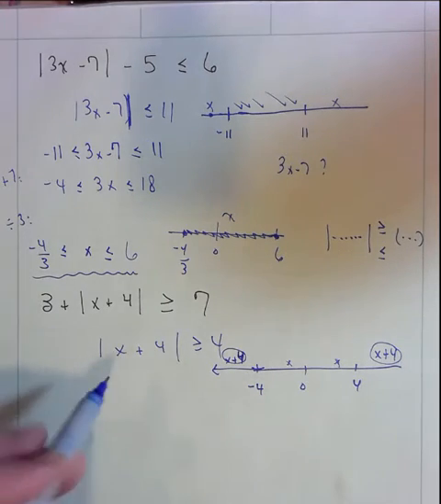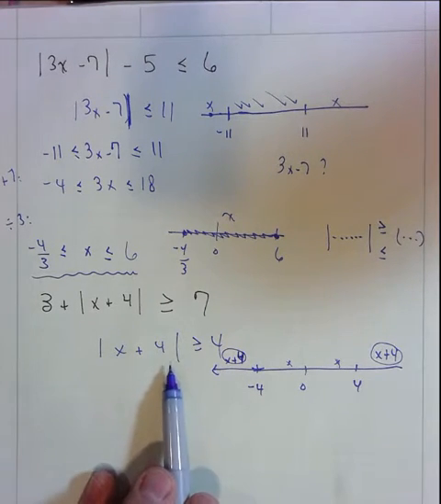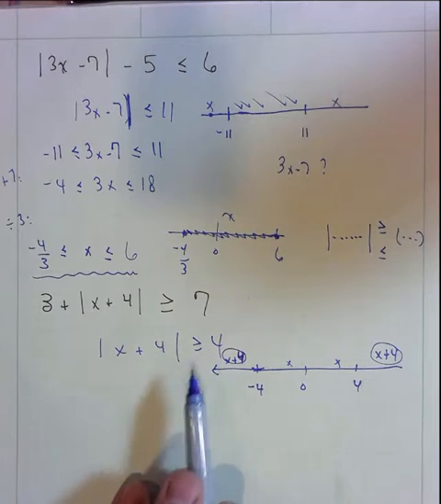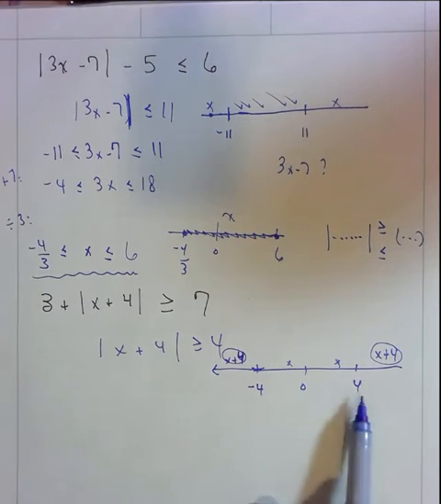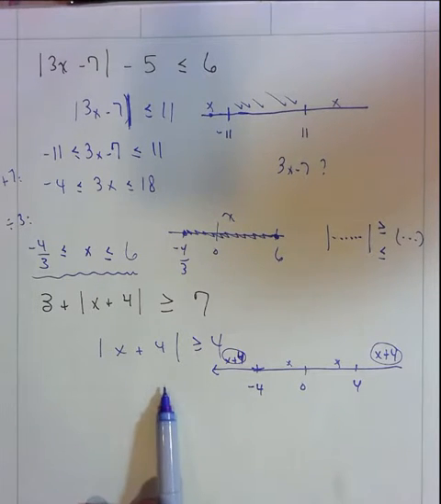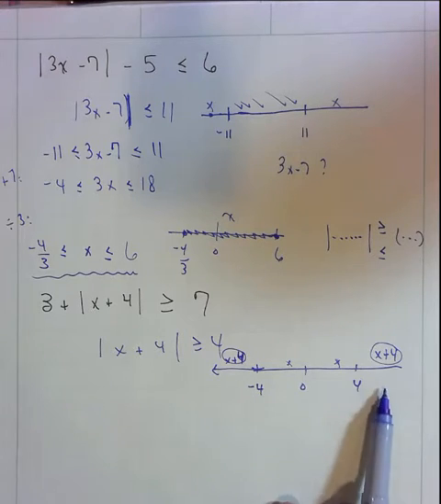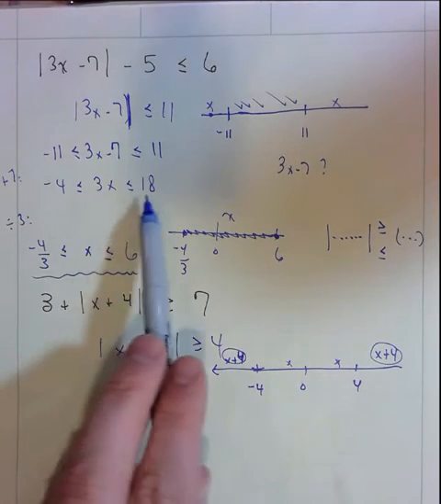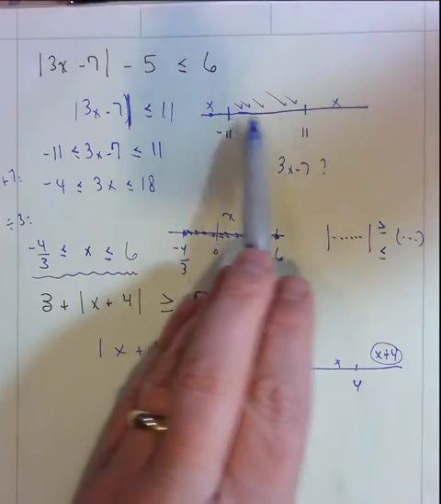So what we've discovered is that if we want the absolute value of x plus 4 to be greater than or equal to 4, then x plus 4 itself could already be greater than 4, or it could be down here on the number line at values less than negative 4. These two regions are disconnected, so we can't just write them in one shot like we did up here where the whole region was connected.